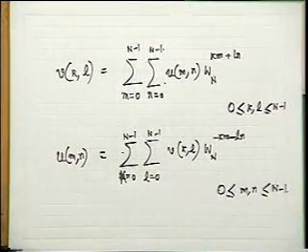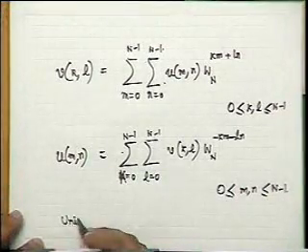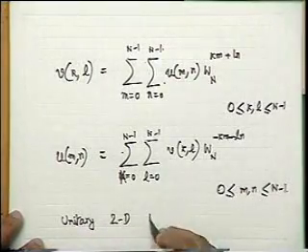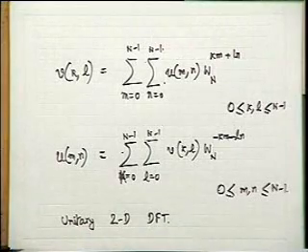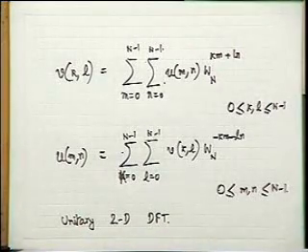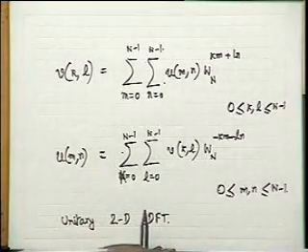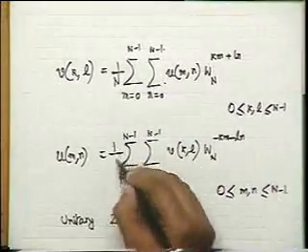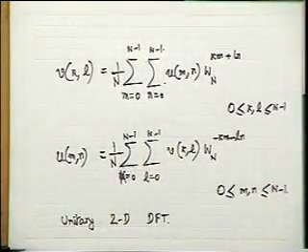So, this is the unitary 2D DFT. No, it is not the unitary 2D DFT. I have forgotten to do something. I have to normalize that, and I was normalizing by a factor 1 by square root of n in the case of one dimensional, and here I will simply do 1 by n in the forward as well as 1 by n in the reverse.